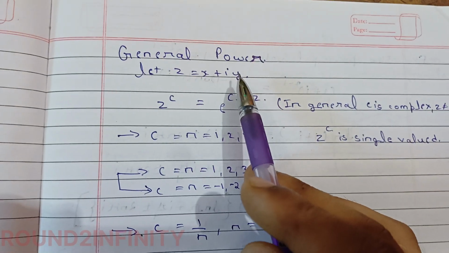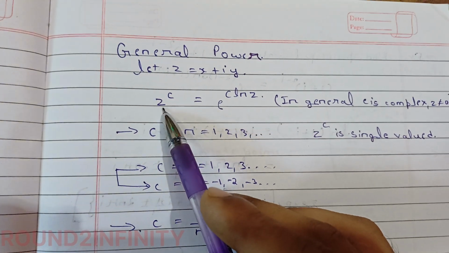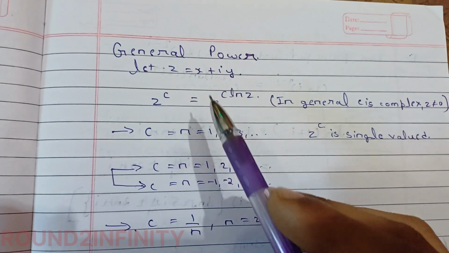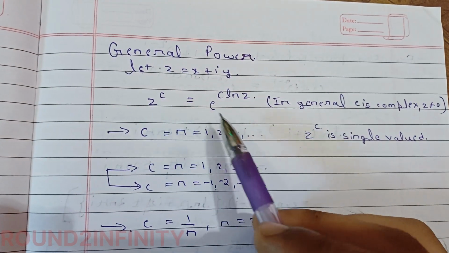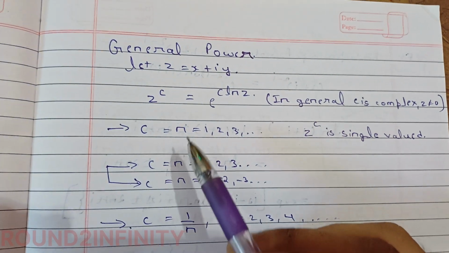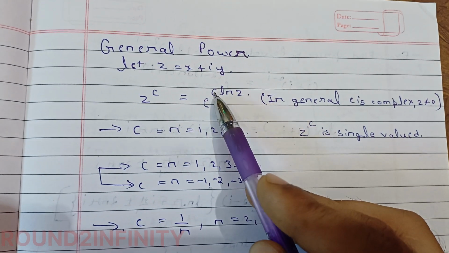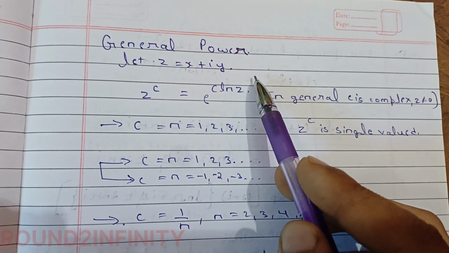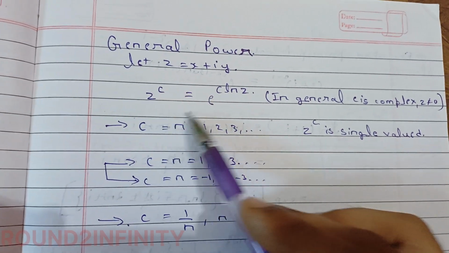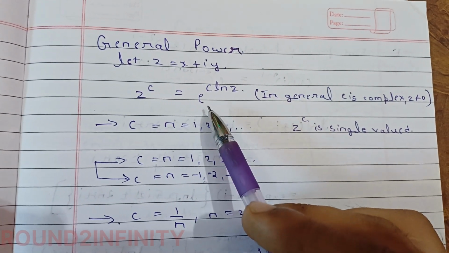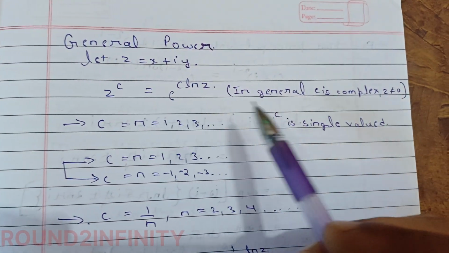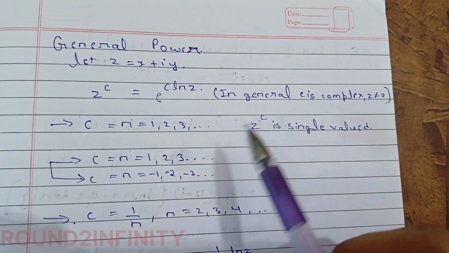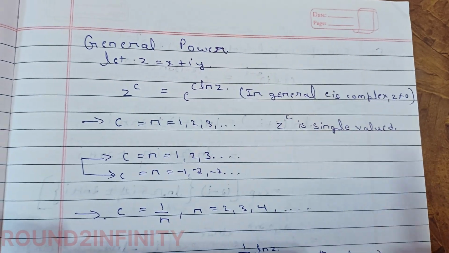Let's say z equals x plus iota y, and c is complex. Then z to the power c can be written as exponential of c log z, because exponential of log z gives you z, and raising it to c gives z to the c. Just remember this formula, it will be very helpful in all questions of this type. In general, c is complex and z is not equal to 0.